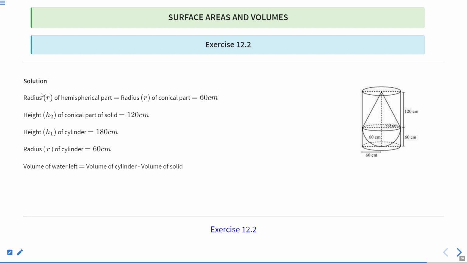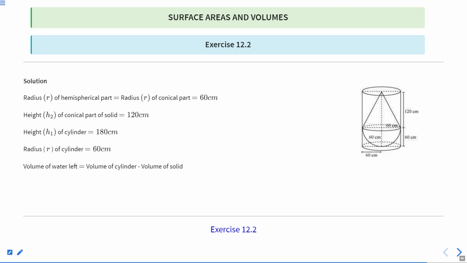So now here it can be observed that the radius r of the hemispherical part is equal to the radius r of the conical part, and the radius is given as 60 centimeter. Also the height h2 of the conical part of the solid is given to us, that is 120 centimeter.